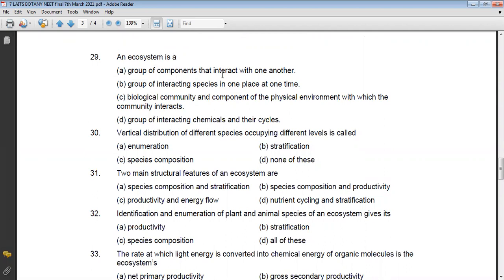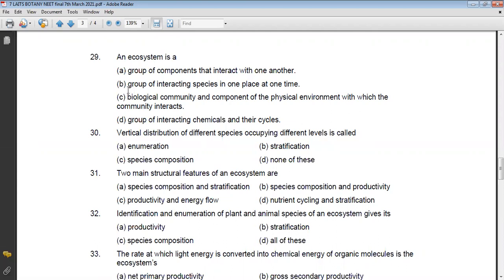An ecosystem is a group of components that interact with one another: a group of interacting species in one place at one time, a biological community and component of the physical environment with which the community interacts, or a group of interacting chemicals and their cycles.